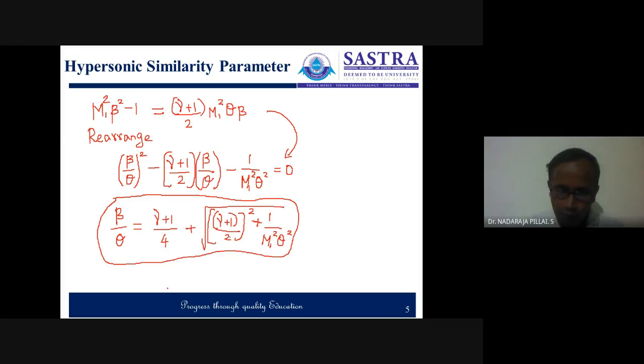So now we have beta by theta, and m1 square theta square can be further written as k, which is necessarily the hypersonic similarity parameter, right? So now we can represent the pressure ratio.